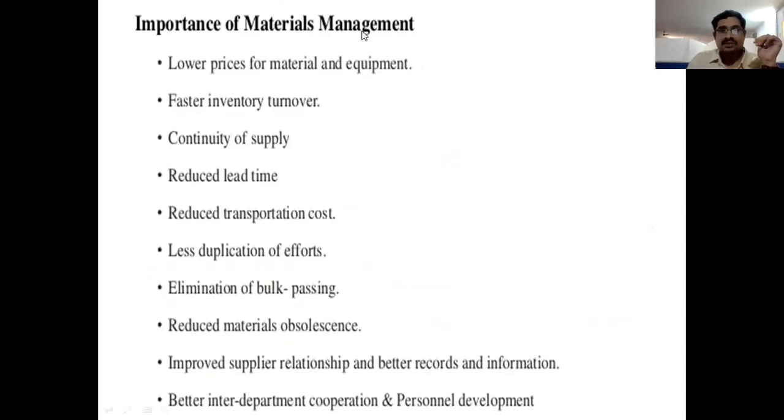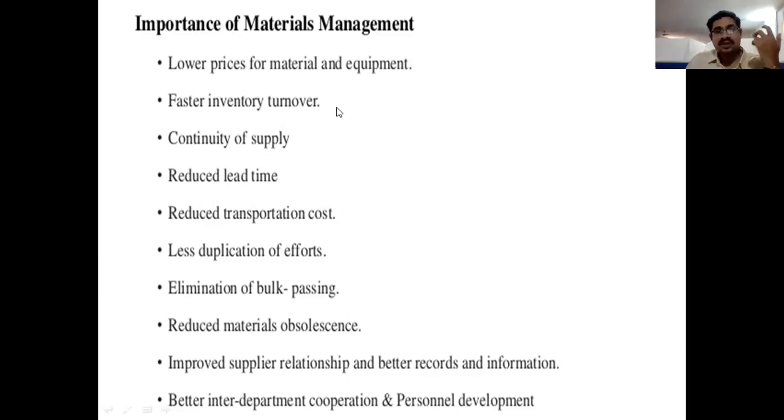On another slide, we have importance or benefits. Low price of materials and equipments, we can avail that. So availability of materials at a low price with proper materials management, and low price and proper maintenance of equipments also. Just like the earlier slide, we discussed faster inventory turnover.